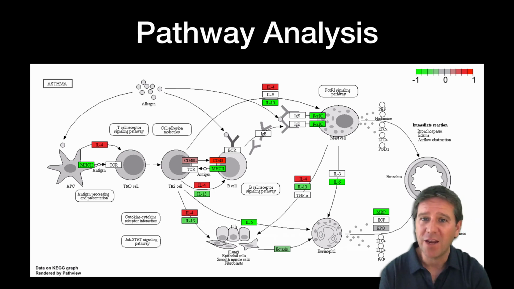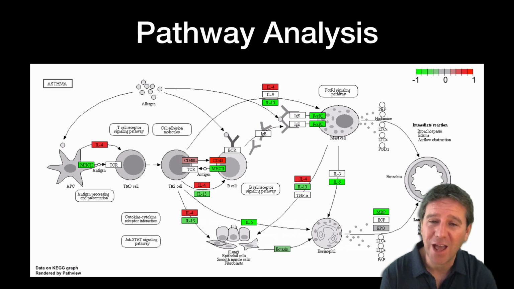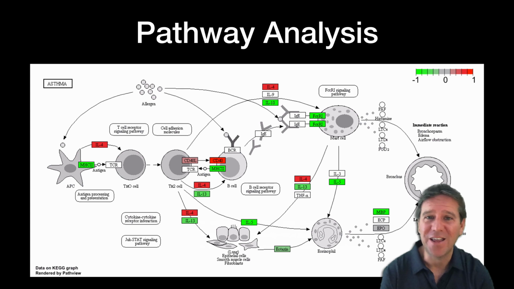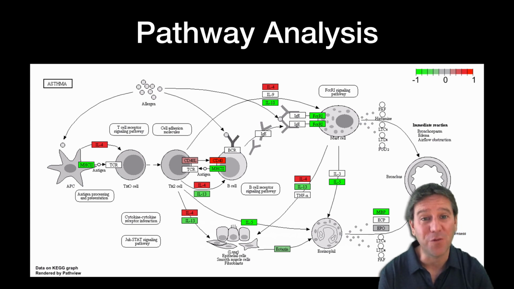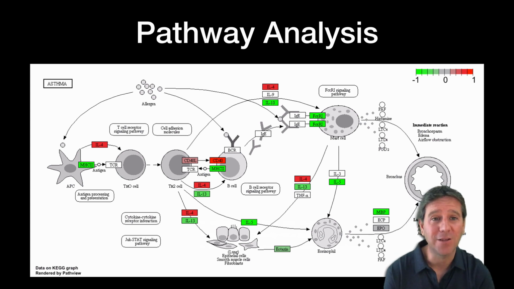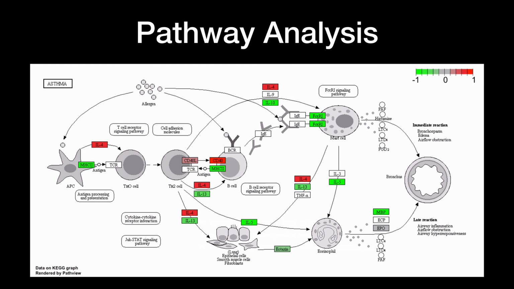So with that, I'm going to finish this little video here, and in our hands-on session, we're going to perform this pathway analysis and make figures just like this one, where each box here is a gene. This is from an asthma pathway that seemed to be very prevalent in the experiment that we were analyzing. And again, the genes here, they're colored red if they're upregulated, or green if they're downregulated.